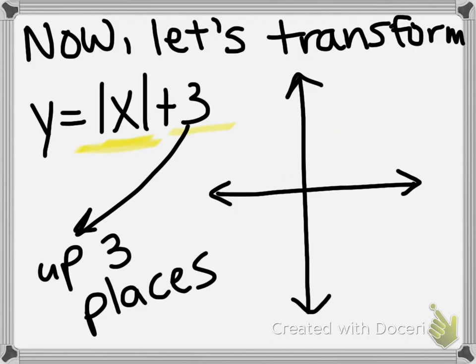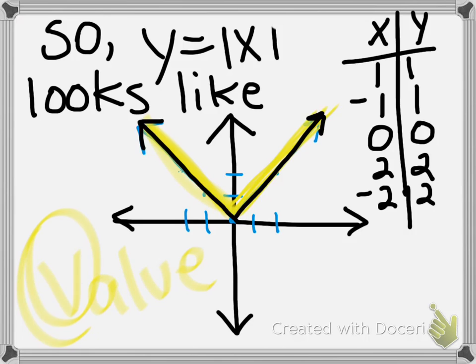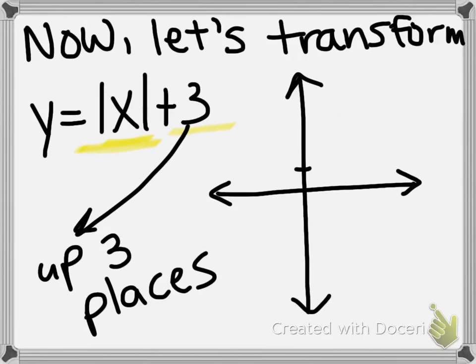So the V that we had before, we're going to shift this up 3 places. So 1, 2, 3. This is my new center. And now this side is going to go up, and this side is going to go up. Okay? So the absolute value of x plus 3 shifts the whole picture up 3 places.